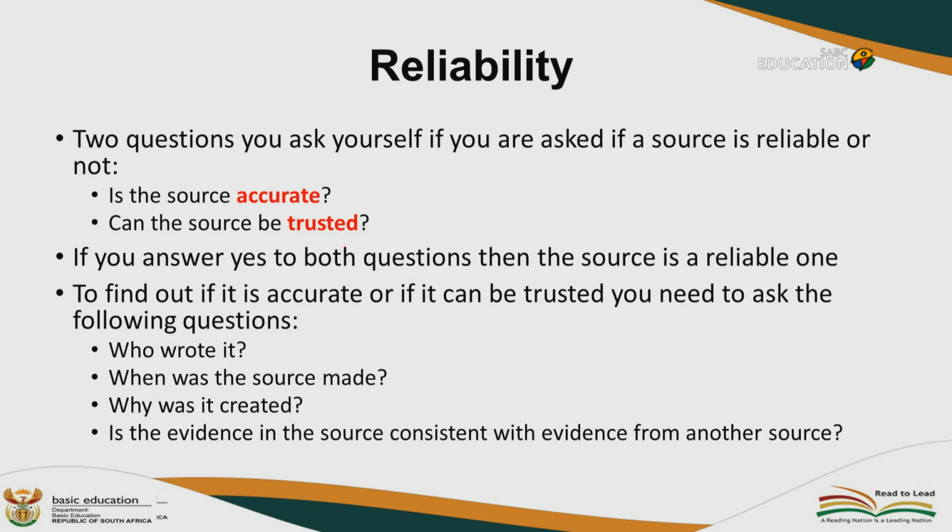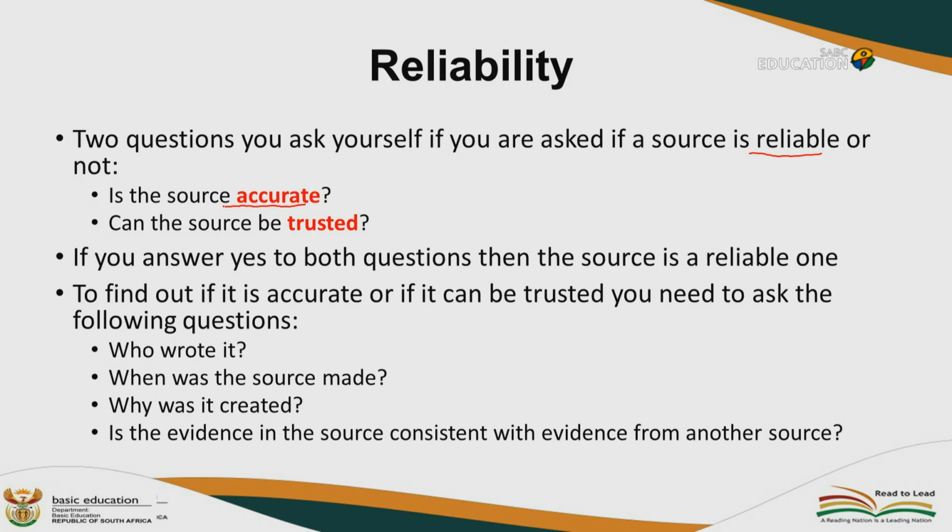Then we also have questions on reliability. If we want to know what reliability covers, we have to understand 2 questions: whether the source is reliable or it is not. Remember, a source has to be reliable for us to make use of it. Then, if the source is reliable, is it accurate?